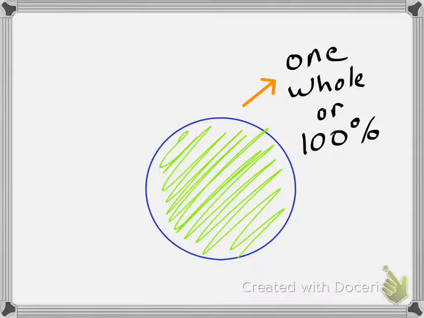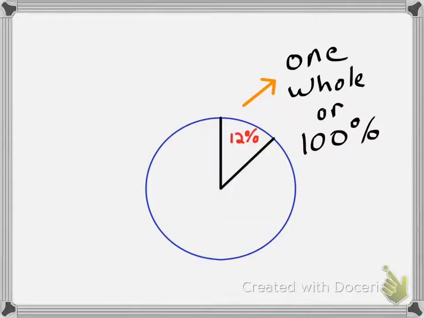So what we're going to do is isolate what each part of this circle represents. So let's say we had a pie taken out of this circle. Here's the pie of this circle. Let's say that pie represents 12%.